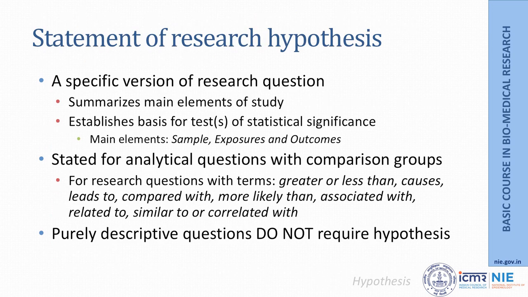Now, let us look at hypothesis. What is hypothesis, research hypothesis? It is nothing but a specific version of the research question that summarizes the main elements of the study that establishes the basis for statistical test of significance. So, it is stated for statistical purposes.